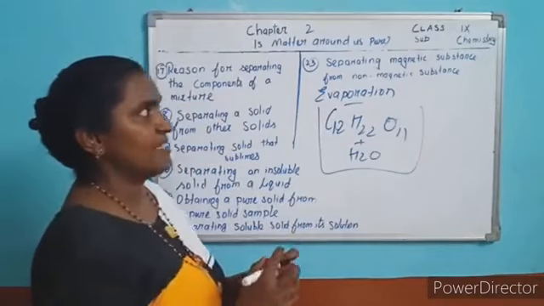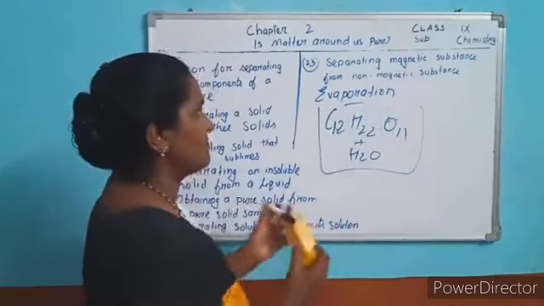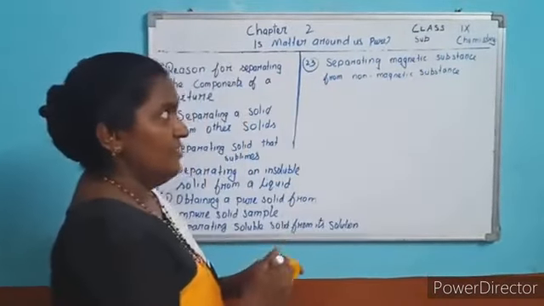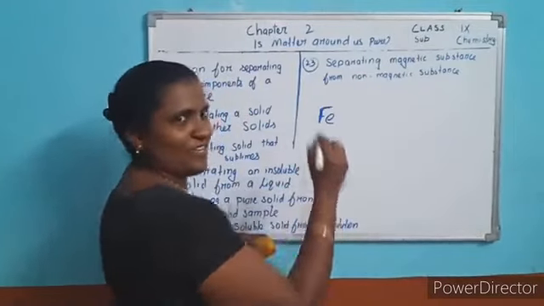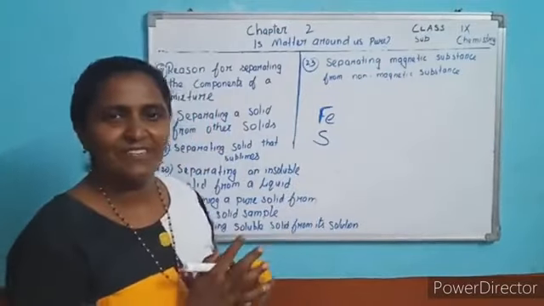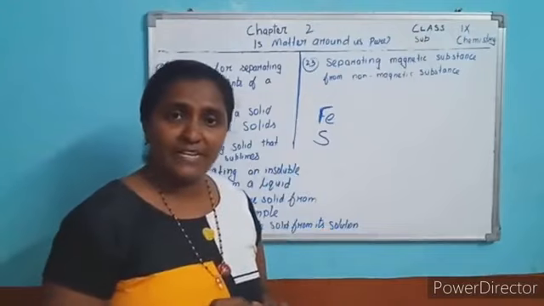The next question is, how will you separate a magnetic substance from a non-magnetic substance? You are taking magnetic iron powder, and you are taking sulfur powder. Both are solids, made into powder. How will you separate iron?